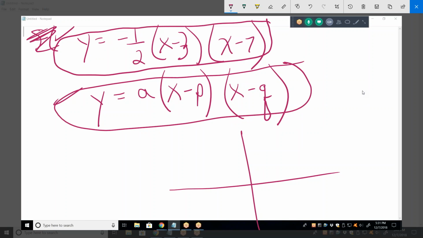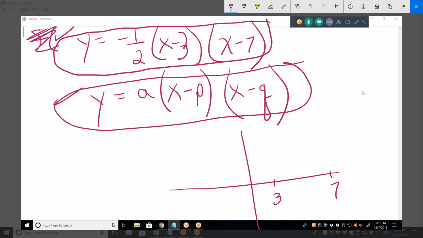What's a? It is -1/2. What's p? 3. Negative, or just 3? What's q? Just 7, not -7. You have to match it up with the format. The format is x minus p times x minus q. So here's our 2 points that we know this parabola goes through.